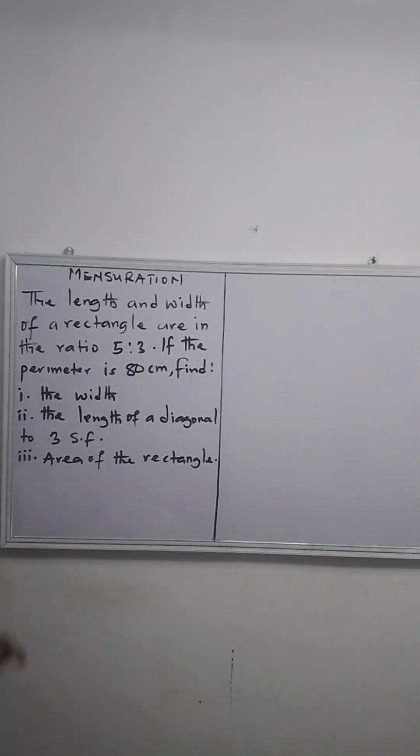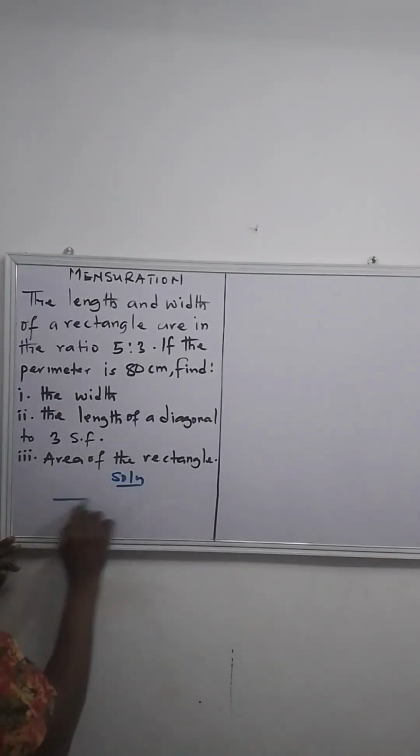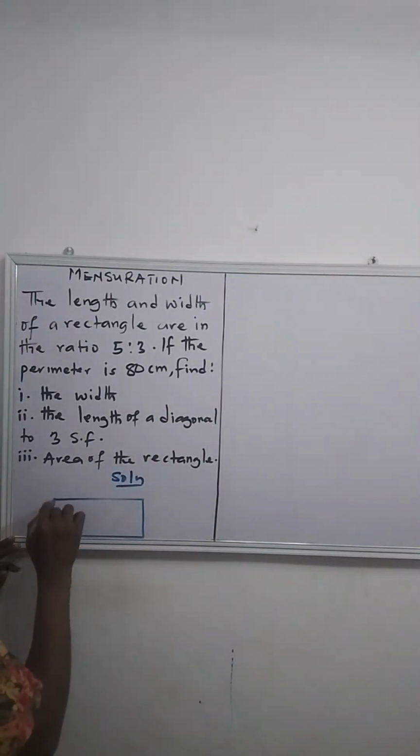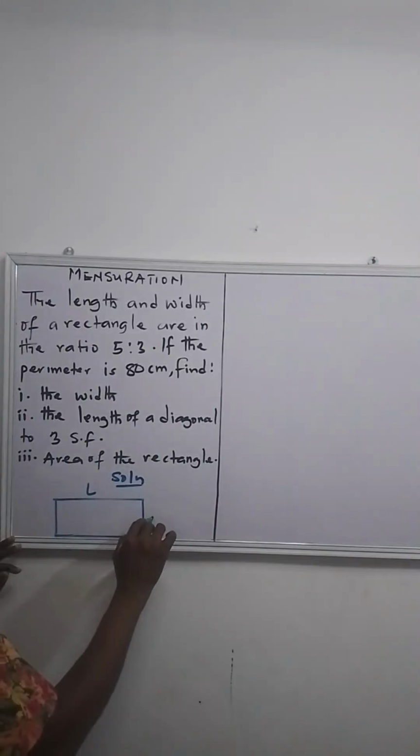So how do we go about this? Now, let's sketch the diagram. We have a rectangle of this form. So this is the length and this is the breadth.